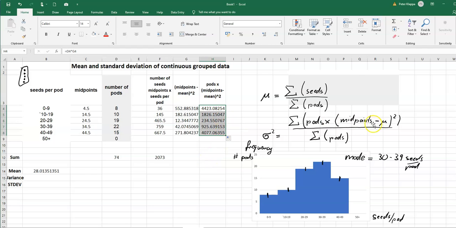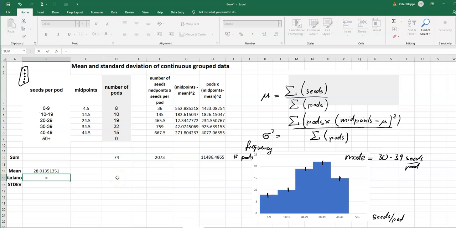And now we have calculated this part here and the number of pods, and now we calculate the sum of this. So we calculate the sum. That gives us 11,486. So we've got the numerator and the denominator, and we can easily calculate the variance.